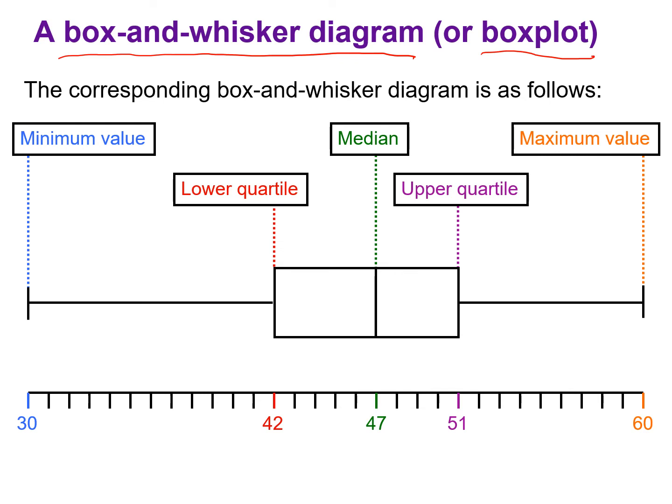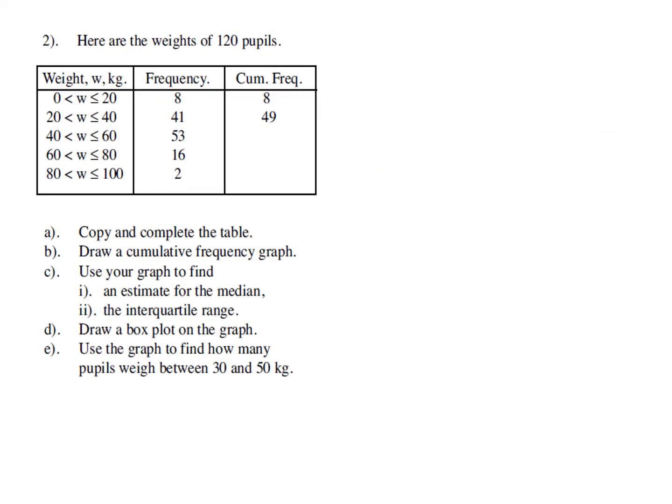As you can see, we need a scale along the bottom, on which we record our values, and that is what it looks like. Right, let's make sure you do that. What I want you to do now is, in your books, probably starting a fresh page, copy down that table.